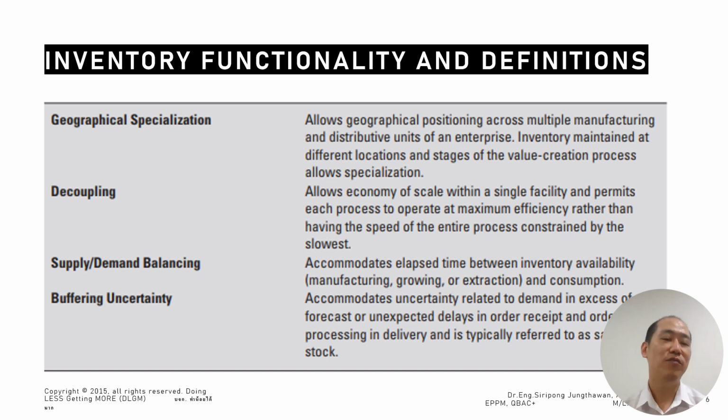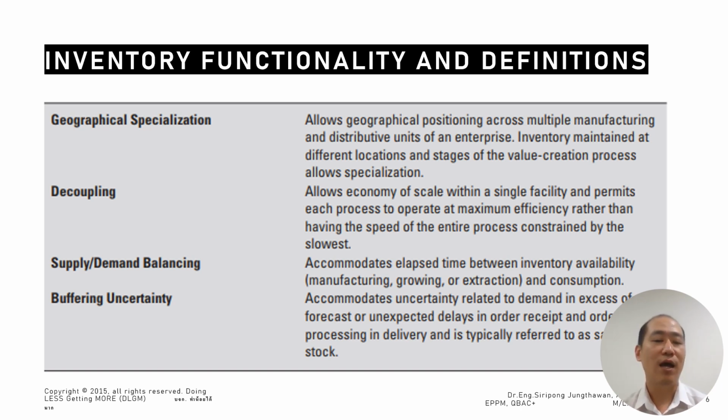So, inventory functional and definition. Inventory allows you to design geographic positions across multiple manufacturing sites. You have a lot of manufacturing in the region, and inventory helps you to design and distribute units of the enterprise.